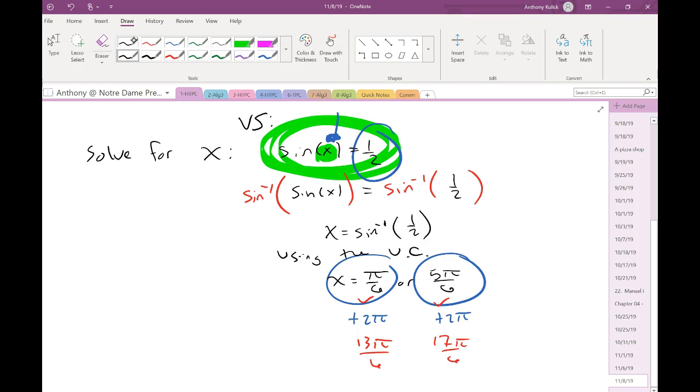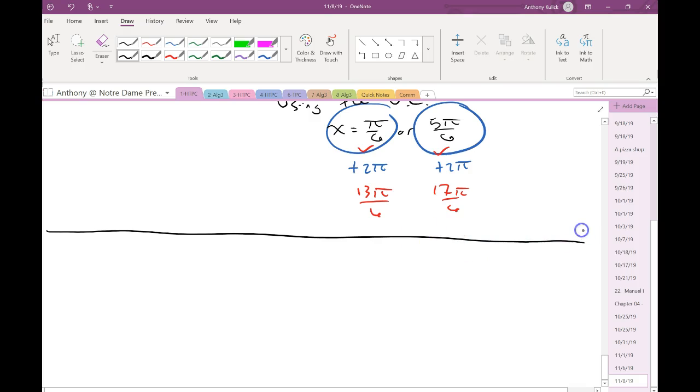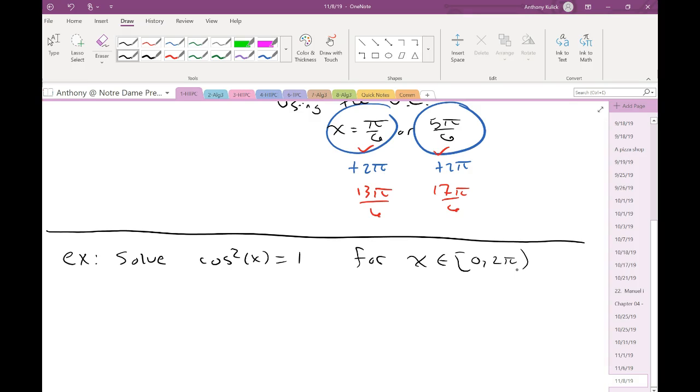So let's look at this specific example. Let's say that we want to solve cosine squared x equal to 1 for x in the interval 0 to 2 pi.